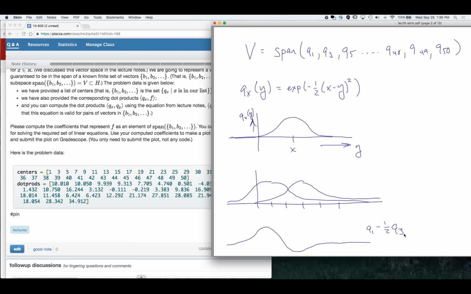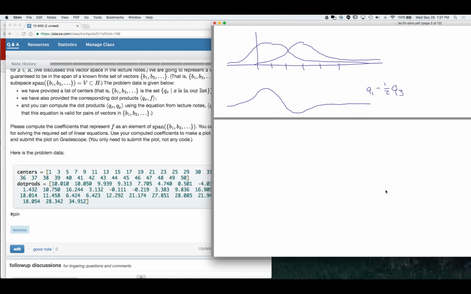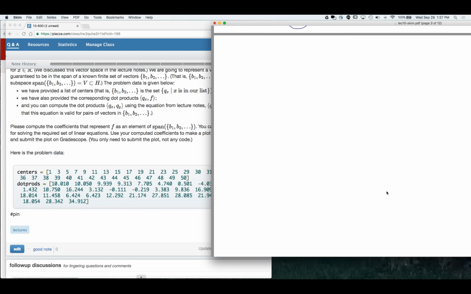So that should answer the question of what are the centers. The other question people asked was what are the dot products? So let's go to a new page here.